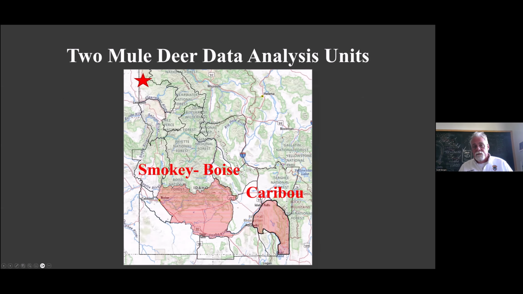And so this is what some of our deer analysis units look like throughout the state. Each of these black lines outlines one of the data analysis units. And here we'll have some comparisons of what's occurred in Smokey-Boise, which is really what we'll focus in on, and some relative comparisons to over here in the Caribou.